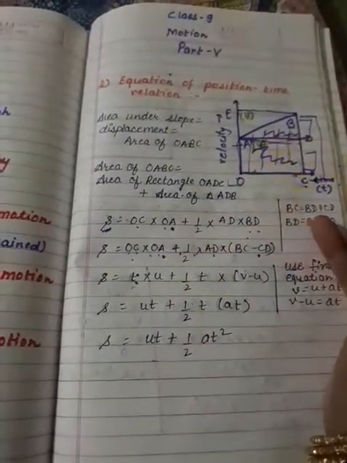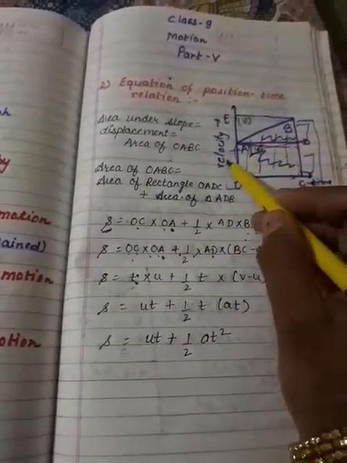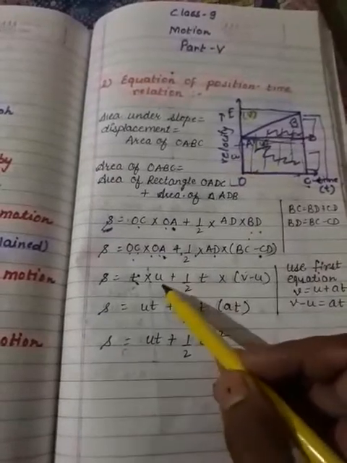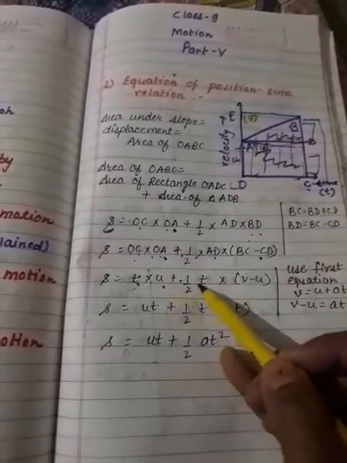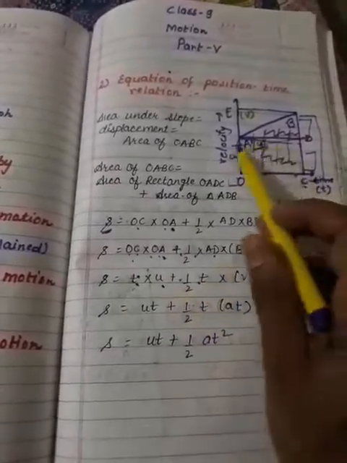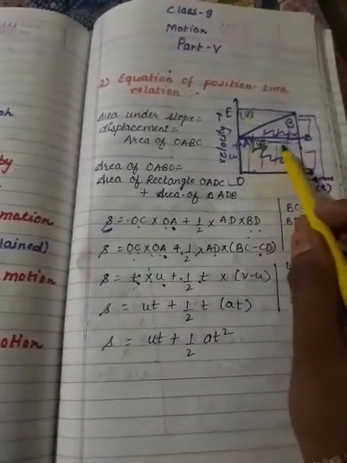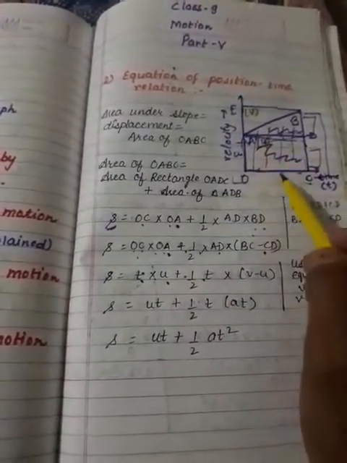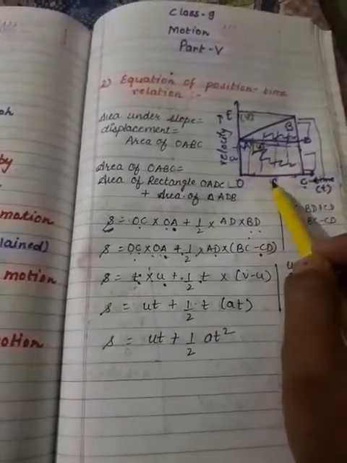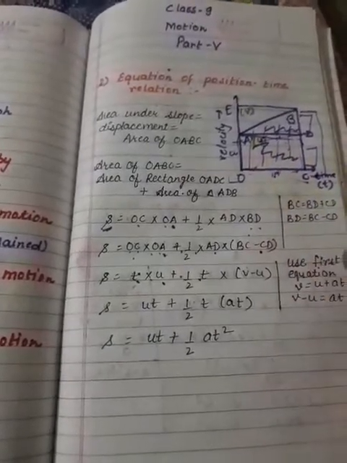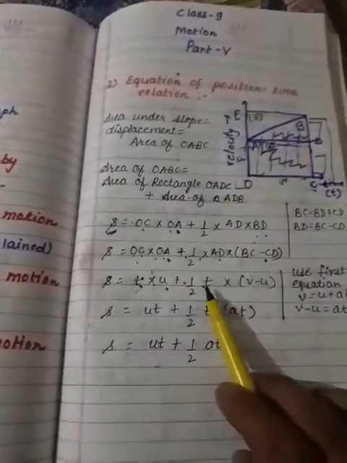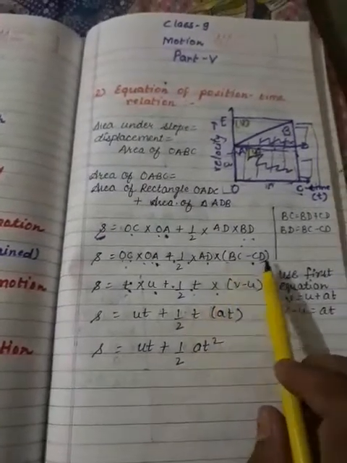OA is our initial velocity, so we will write here u, plus half AD. AD is equal to OC because these are all lengths of the rectangle, so it will also be time. So we will write here t multiplied by BC minus CD.